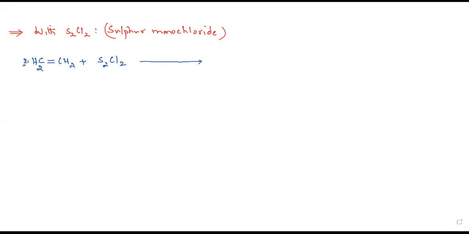I think I have to actually take two molecules of ethylene to give an interesting compound. Look at this. To form this particular compound, called mustard gas.